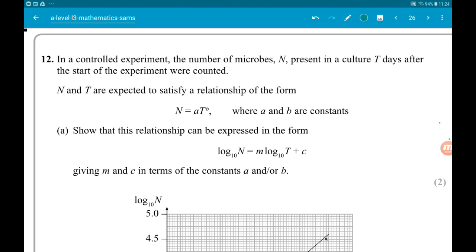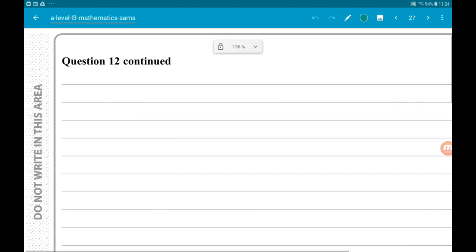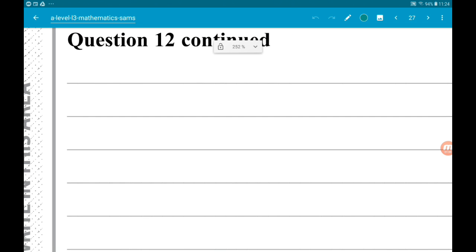Okay, so we're going to start then with n is equal to a t to the b. Now we're going to take the log of both sides.